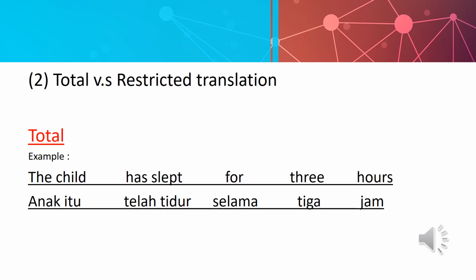This replacement entails the replacement of source language phonology or graphology by target language phonology or graphology. For example, the child has slept for 3 hours. Anak itu telah tidur selama 3 jam.